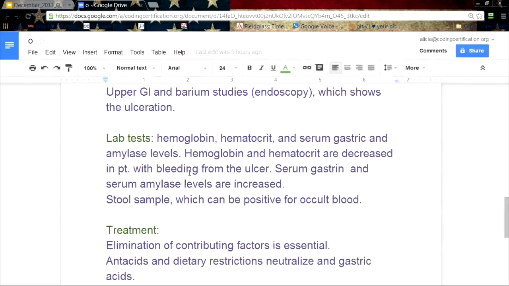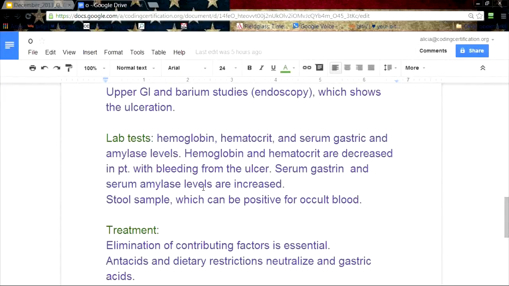Then there's several blood tests that they can do that would indicate whether a person was suffering from an ulcer. They can do a hemoglobin test, the hematocrit, and serum gastric and amylase levels. The hemoglobin and the hematocrit are decreased in a patient with bleeding from ulcers, and that's because this is blood levels.